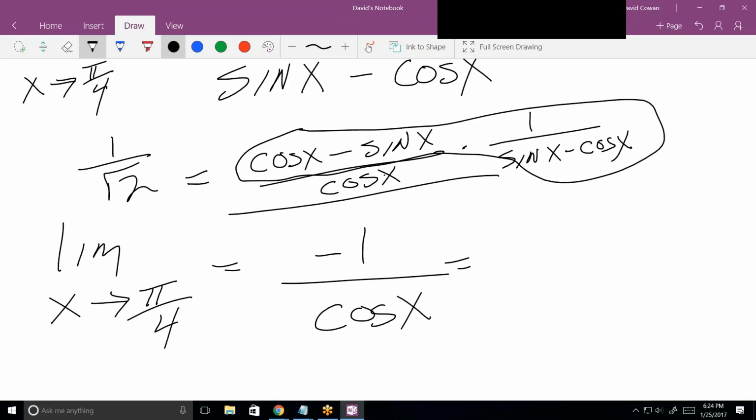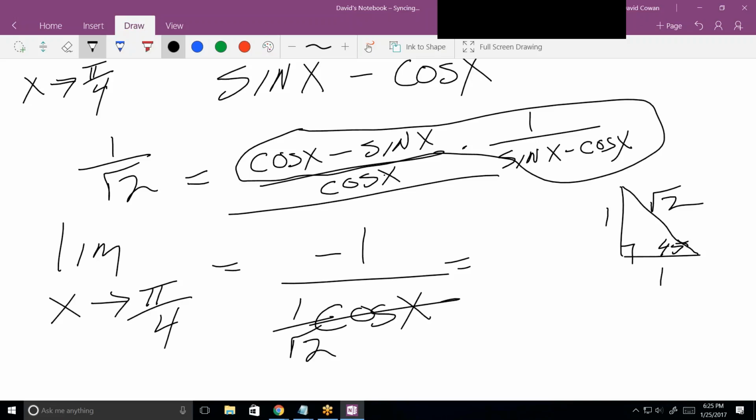In other words, if you look at the 45-45 triangle that they've taught you for 3 years, the unit dimensions are that. So if I said, what's the cosine of 45 degrees, you'd say 1 over root 2. And that actually works better here. If I do 1 over root 2 and flip and multiply, my answer is minus root 2, no rationalization needed.